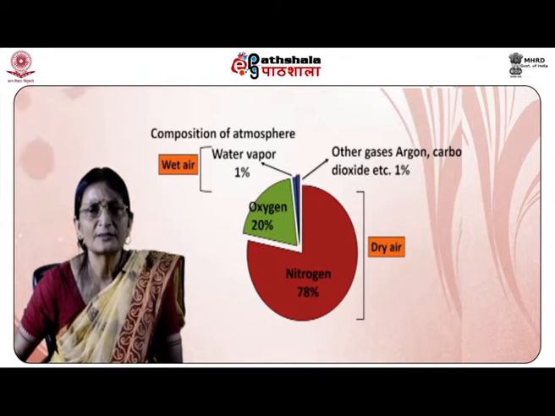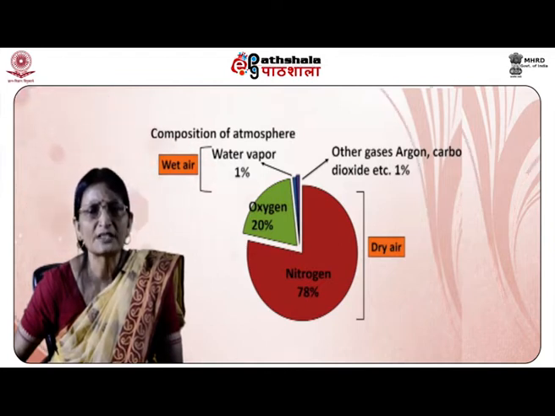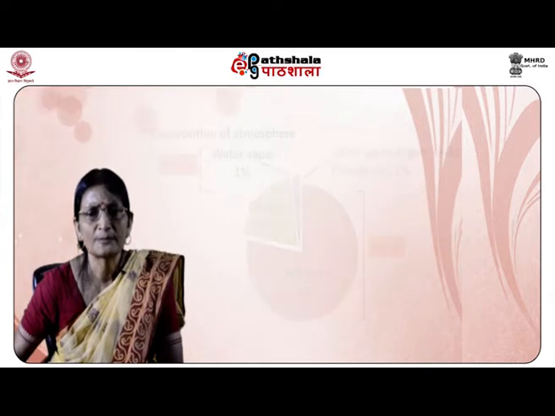So far we are talking about dry air. There could also be wet air in which there is water vapor. Water vapor, of course, is not present in the same amount all over the globe, and it varies from 0 to 2%. So an average of 2% we can say is the composition of water vapor in the atmosphere.